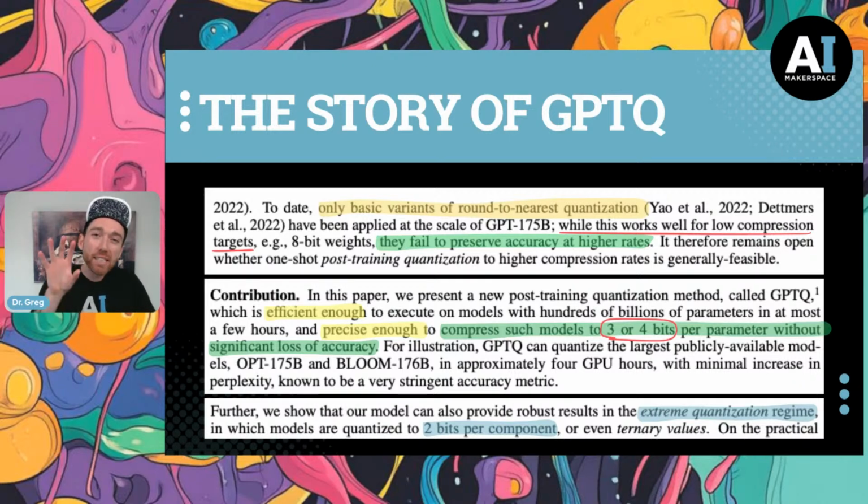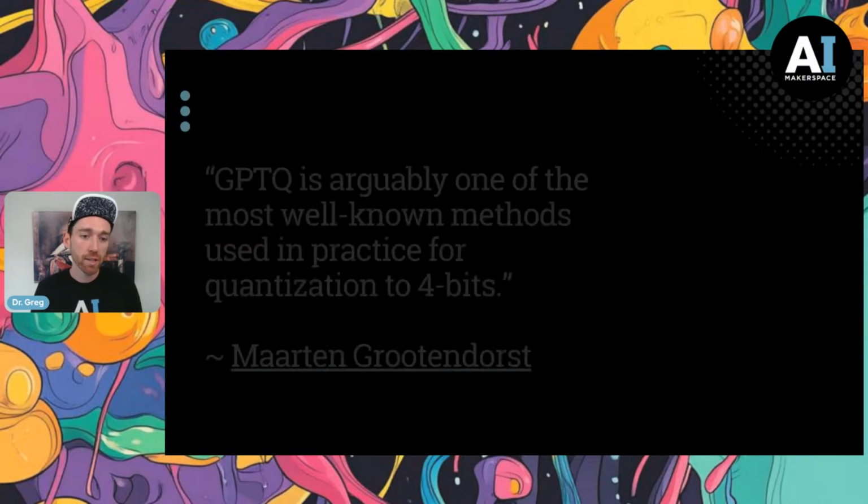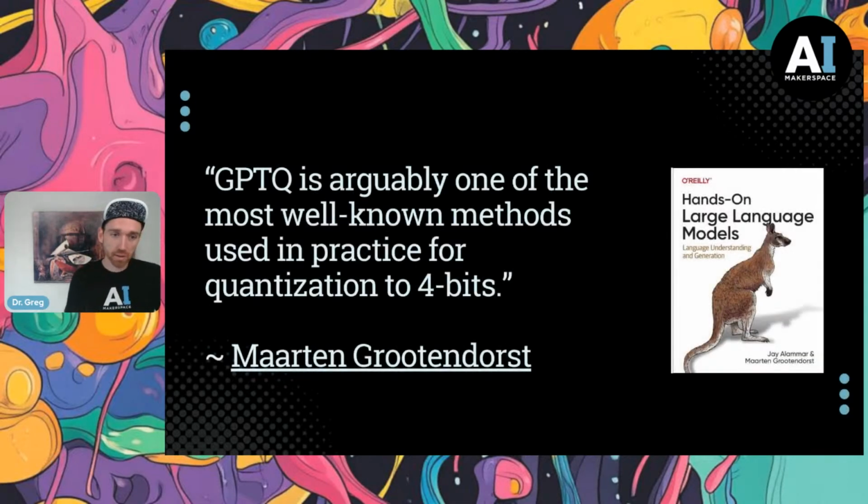And so it's for this reason that this was a bit of a landmark piece of work, right? They're pushing the envelope here, which is great. That's what we want. And we see this manifesting itself today. This is a book that just came out from Jay Alammar and Maarten Grootendorst.